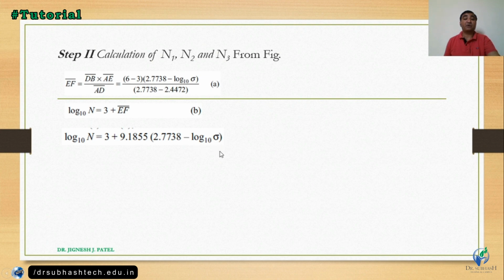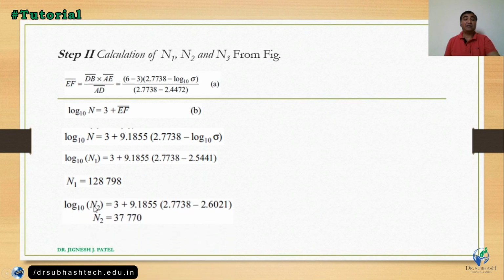Now let us find them one by one. Log n1 is equal to 3 plus 9.1855 into the bracket with the value of log sigma 1, which is 2.5441. So n1 is equal to 1,28,798 cycles.